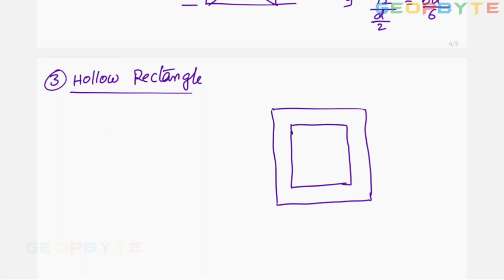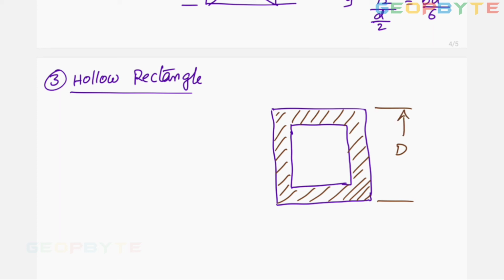This is the hollow rectangular part of outer depth capital D, inner depth small d, outer width capital B and inner width small b.